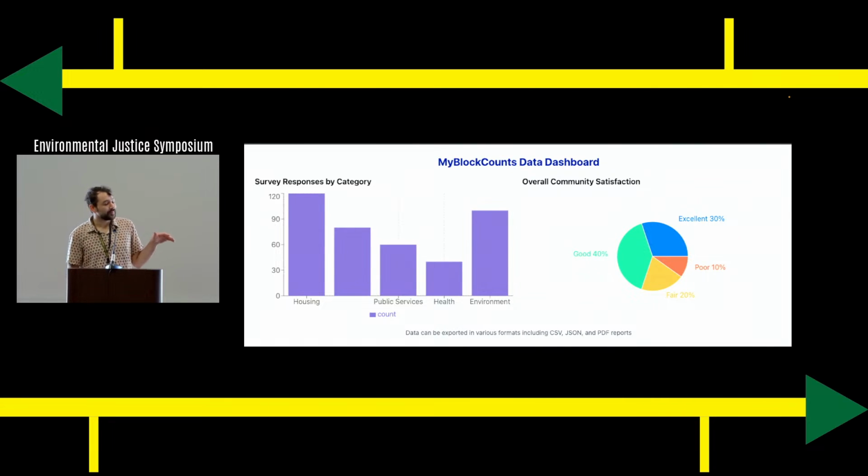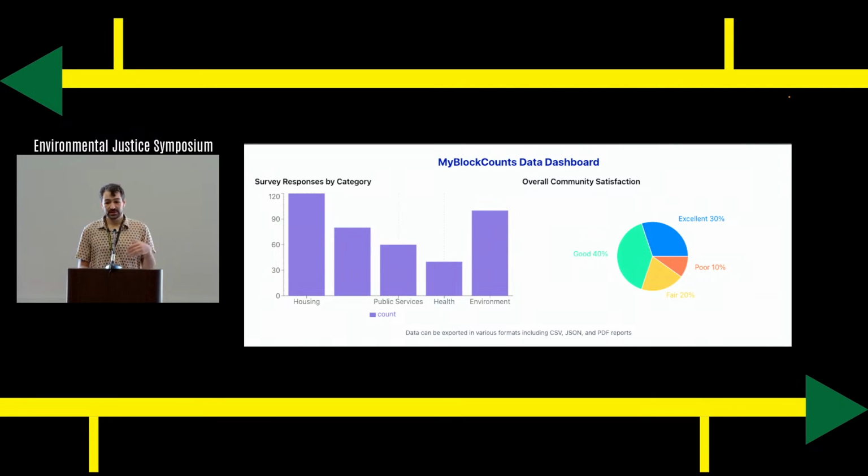So we want to make sure that whatever information we're providing back to the community, because the importance is that the data that we're collecting from these community members is returned to the community so they are able to use it and express themselves in advocacy and policy. But also, on top of that, we want to make sure that the data is coded in such a way that academics are able to ingest that information and create new bits of research to help forward policymakers and community members in that advocacy.